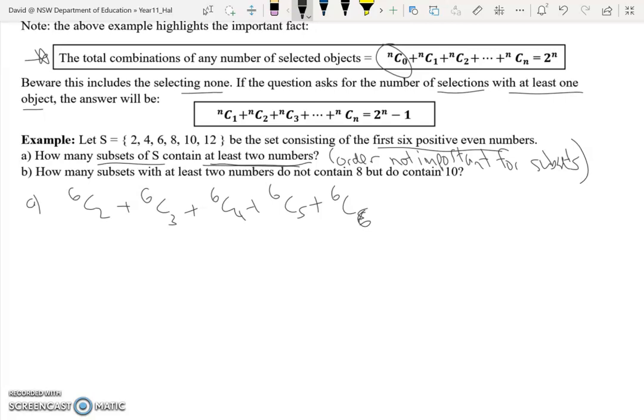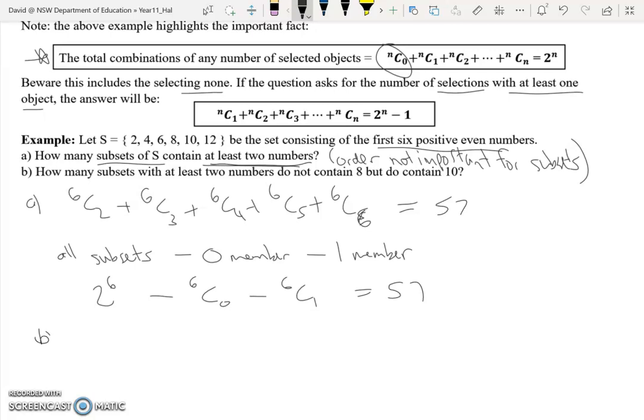So groups of any size, so all subsets, minus 0 members and minus 1 member. And that would make it so that it's at least 2. So all subsets would be 2 to the power of 6. 0 members would be 6C0, and 1 member would be 6C1. Either way, both ways you should get the same answer. And the answer is 57.